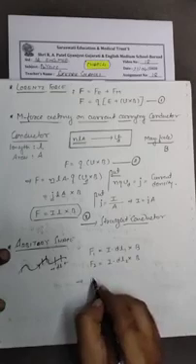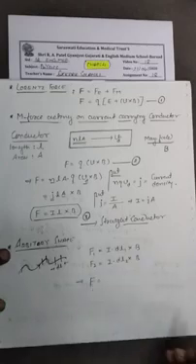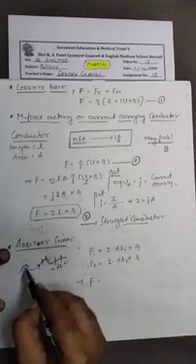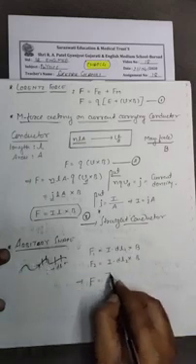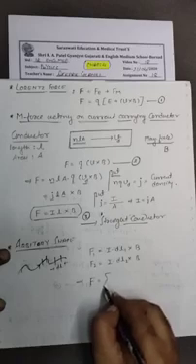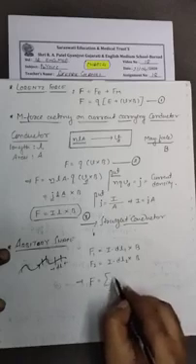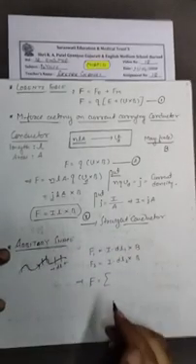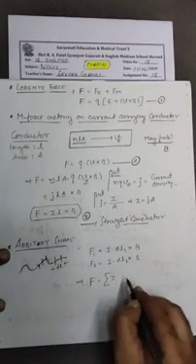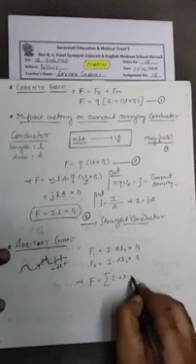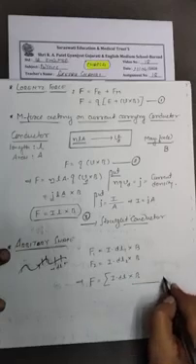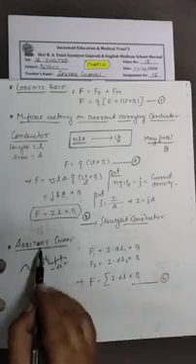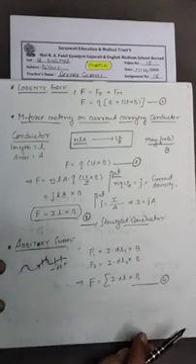If you want to find the total force F, you have to take the algebraic sum over all small lengths, so F is the sum of I dl cross B. This is equation number 4, which is used for a conductor having arbitrary shape.